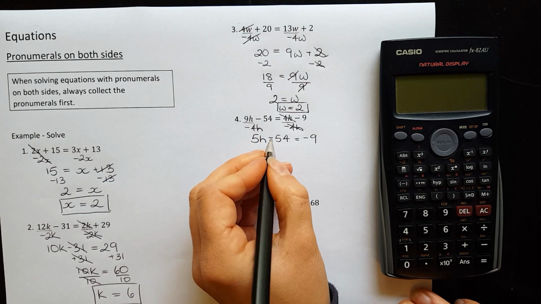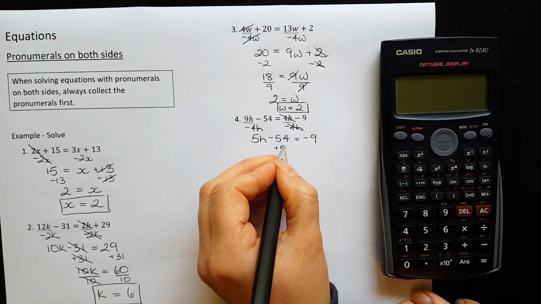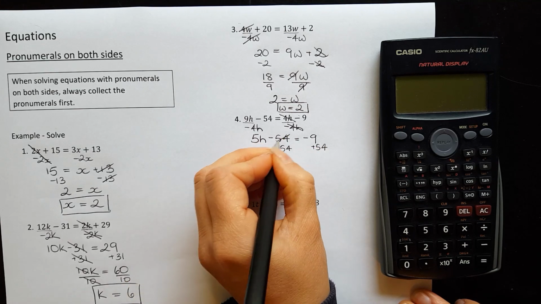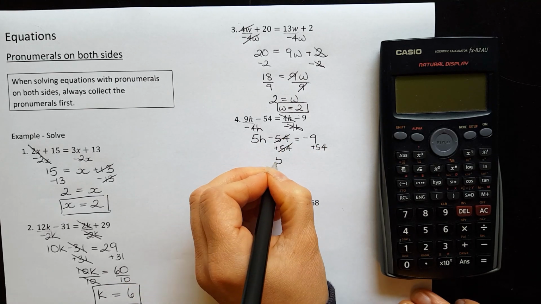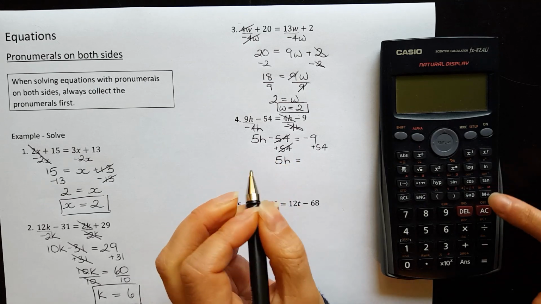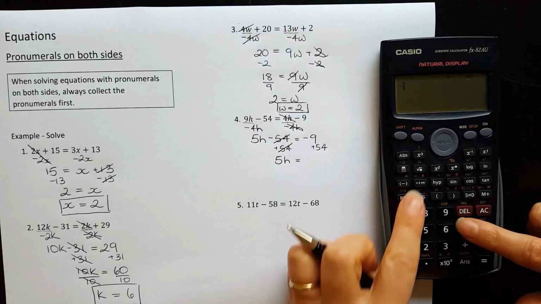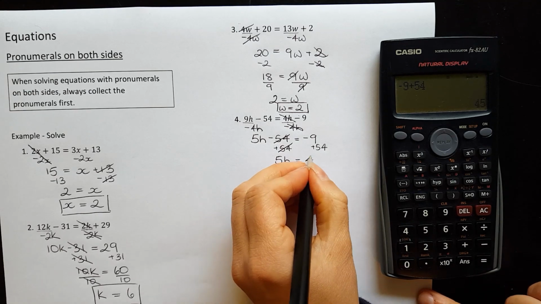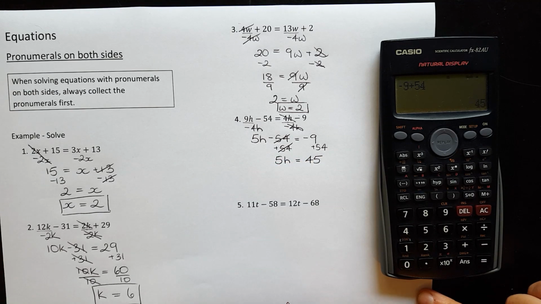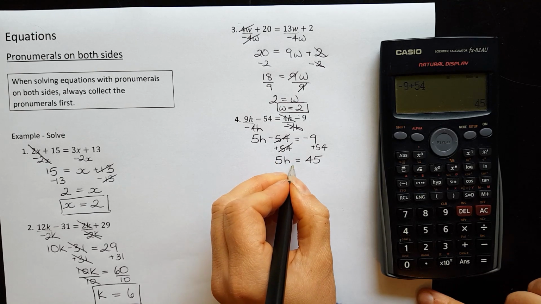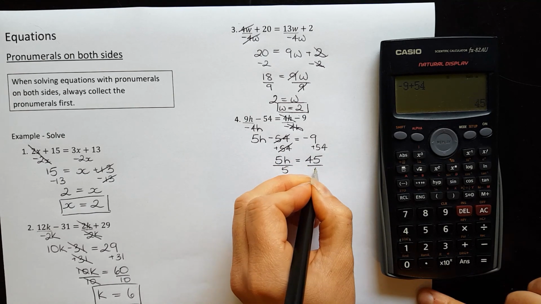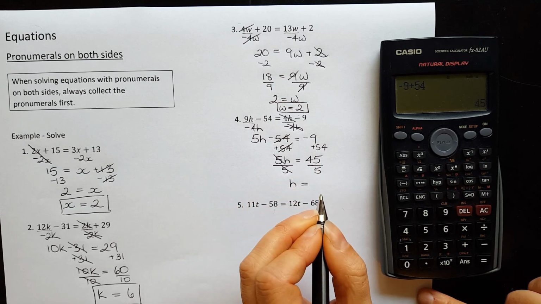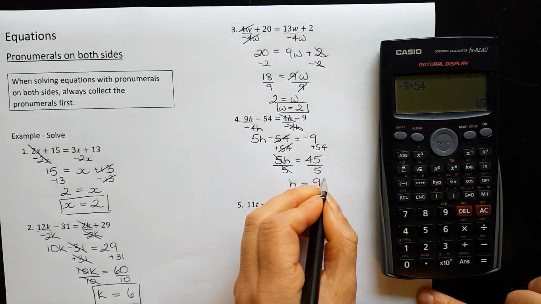Now we want to add 54 to both sides. Gets rid of that. 5h is equal to, we have minus 9, and we want to add 54, and we get 45. Now we can get rid of this 5. We divide by 5. h is equal to 45 divided by 5, which is 9.